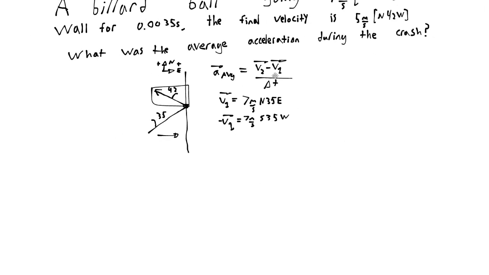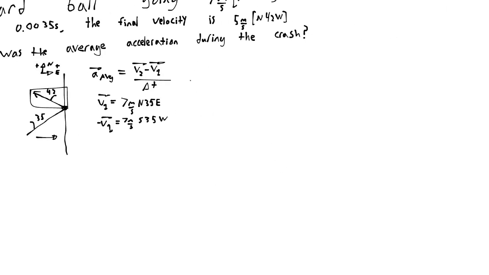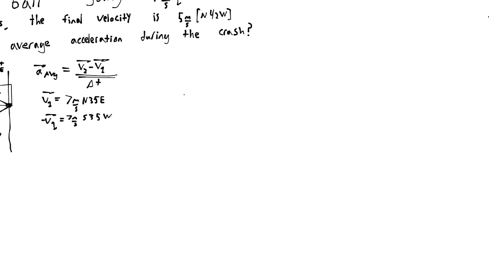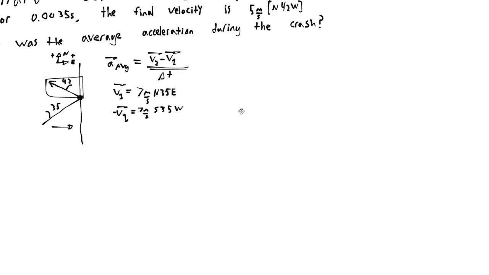So anyways, let's do this question now. Actually, before we do that, one more thing, I'm going to draw a vector diagram showing the change of velocity. So change of velocity, that's this, v2 minus v1. So you're going to start off with doing negative v1. So negative v1, that's kind of down like this.